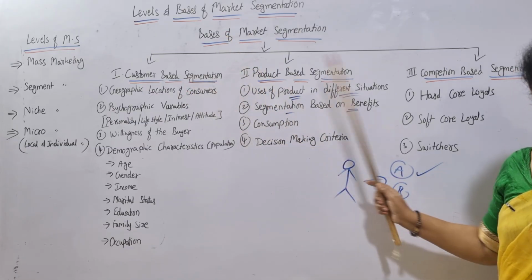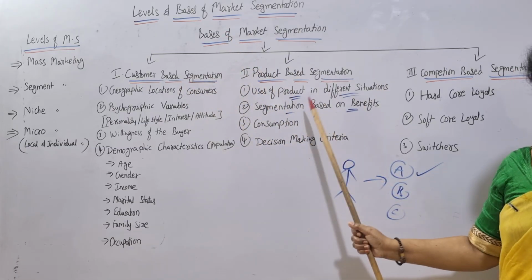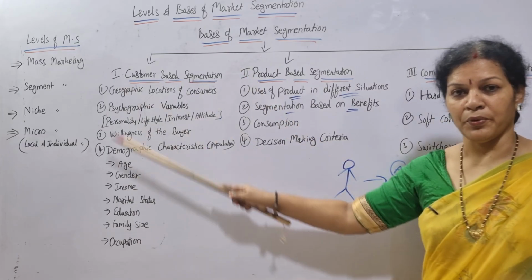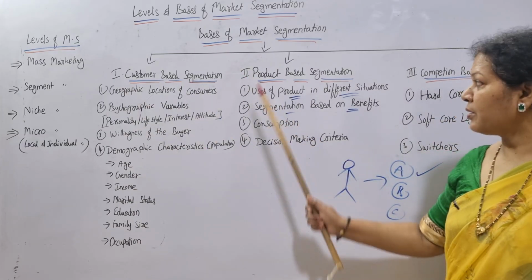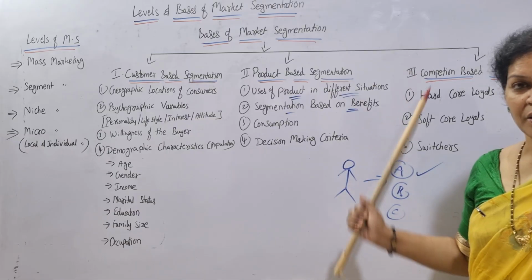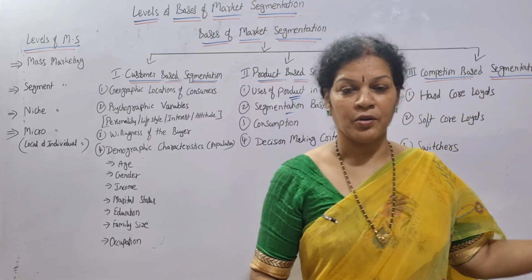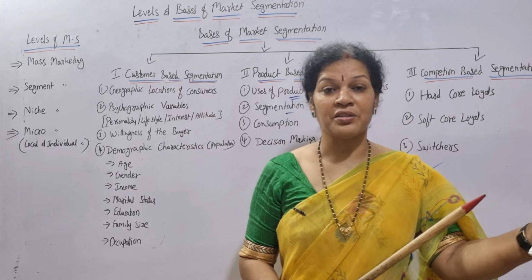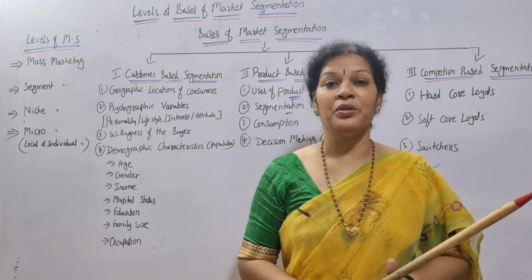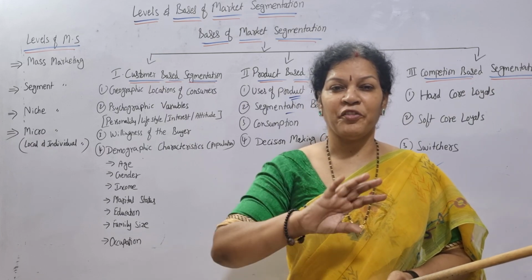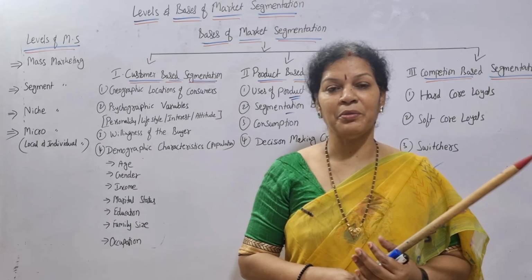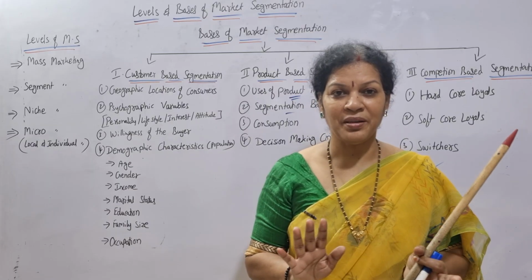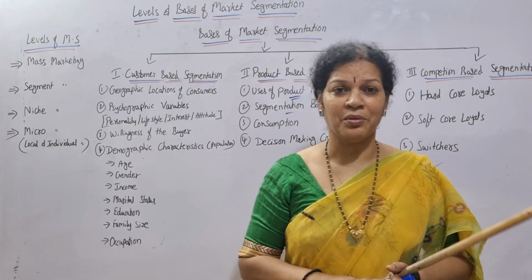Base means mainly 3 aspects: customer based, product based, and competition based. Customer base has 4 types, then product base, and then competition base. These are the 3 types of consumers we are focusing on and studying. According to that, we are going to frame the strategy. How do we want to go for market segmentation? A very simple, easy and important topic also.